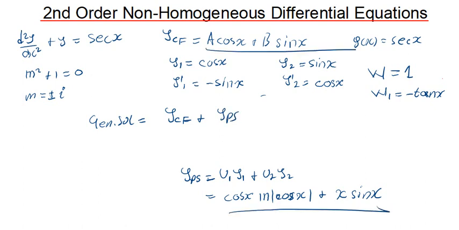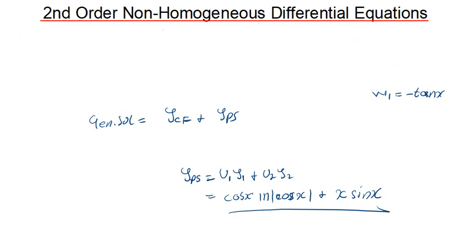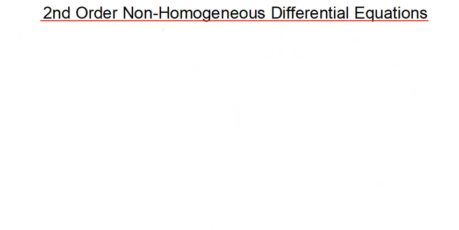Okay, let's try to look at something a little different. Let's say we involve two trig functions. Now let's say we are given d2y dx2 plus y is equal to sec x tan x.